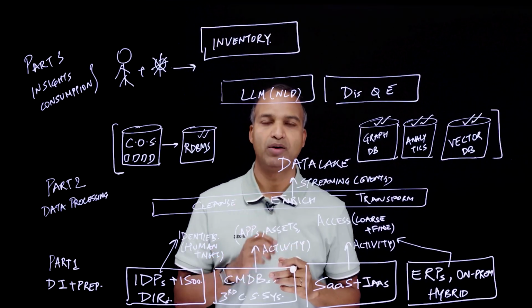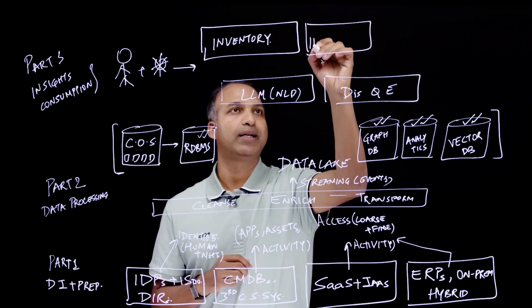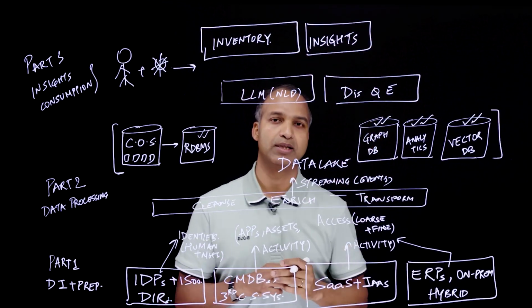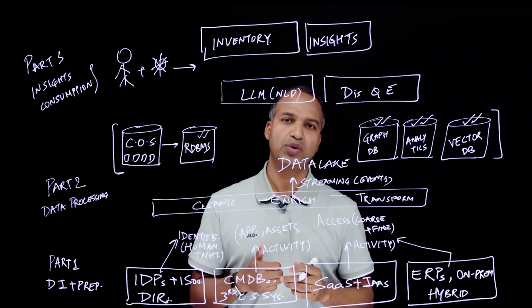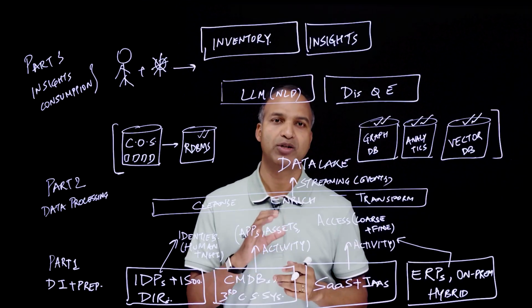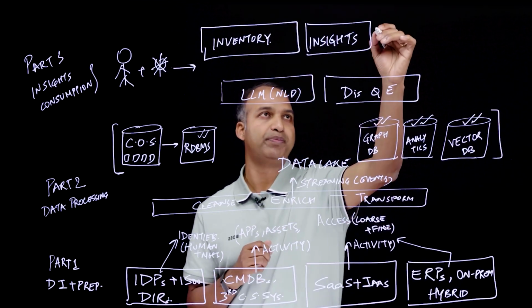A massive win for any enterprise. Second, they get deep, intelligent insights for their governance controls, audit, compliance, and risk posture. Extremely important when you are strategizing your identity transformation projects.